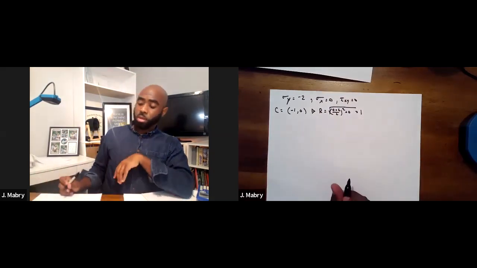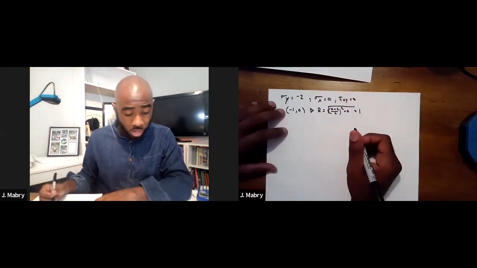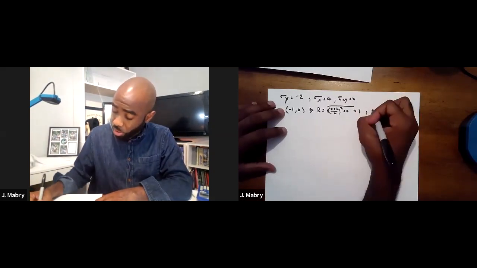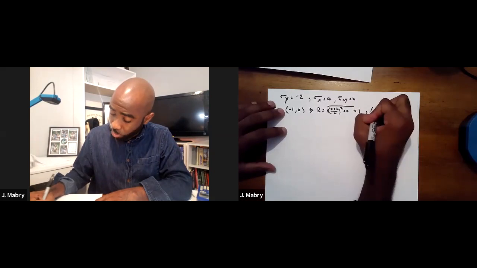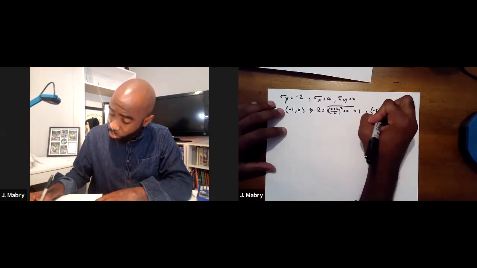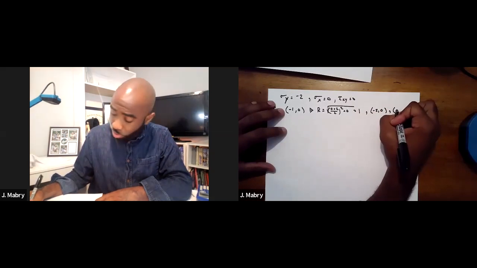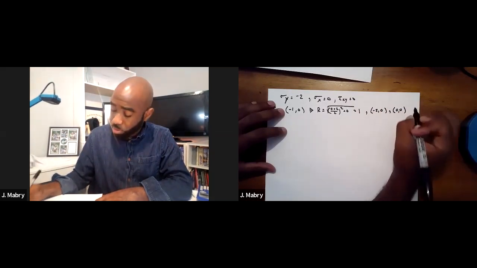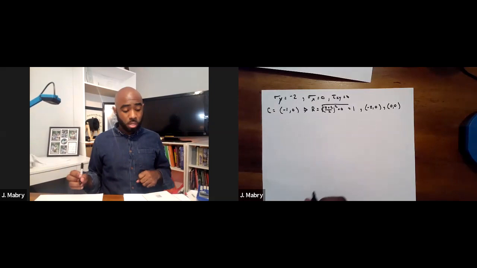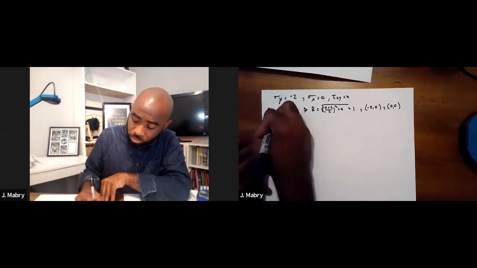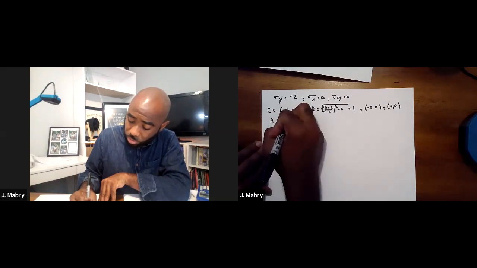Our radius is 1. Our range should be quite easy to figure out. Our range is going to be -2, 0 and 0, 0. That's our range. And then our reference point A is just 0, 0.